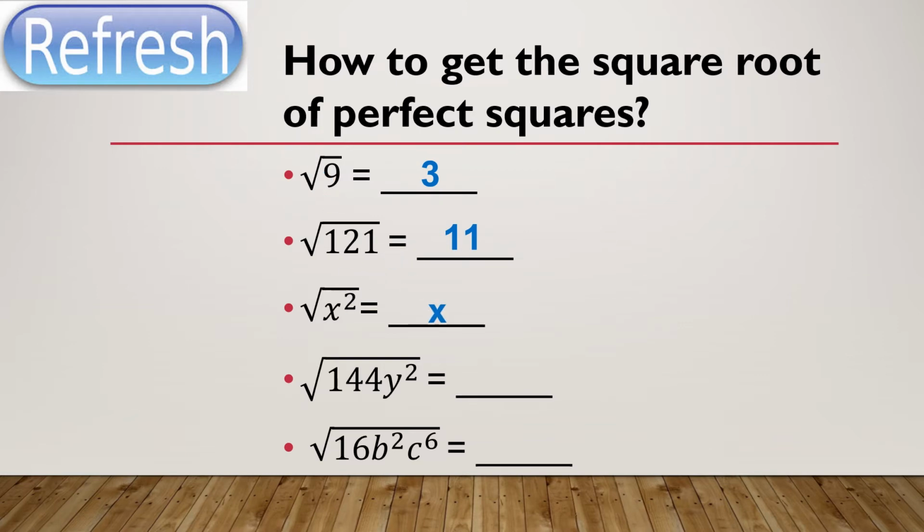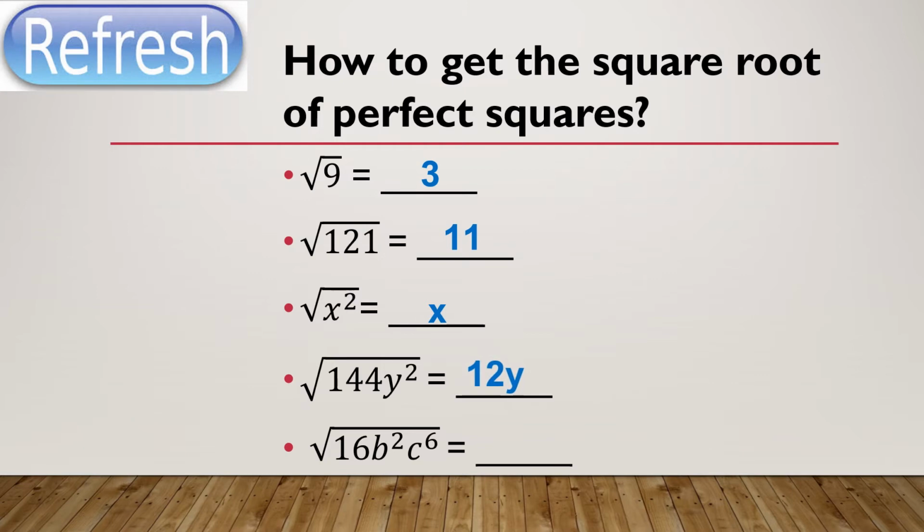And for the square root of 144y squared, get the square root first of the number. The square root of 144 is 12. Then the square root of y squared is y. So the answer is 12y.